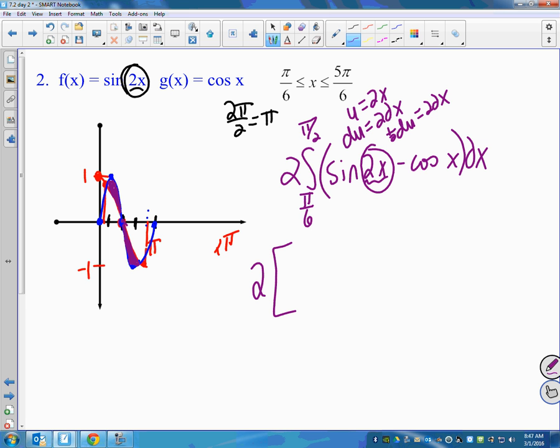For me, when there's just a number in front of the trig like that, I don't usually do u substitution. I just say I want a half to fix that, and the integral of sine, isn't that negative cosine?